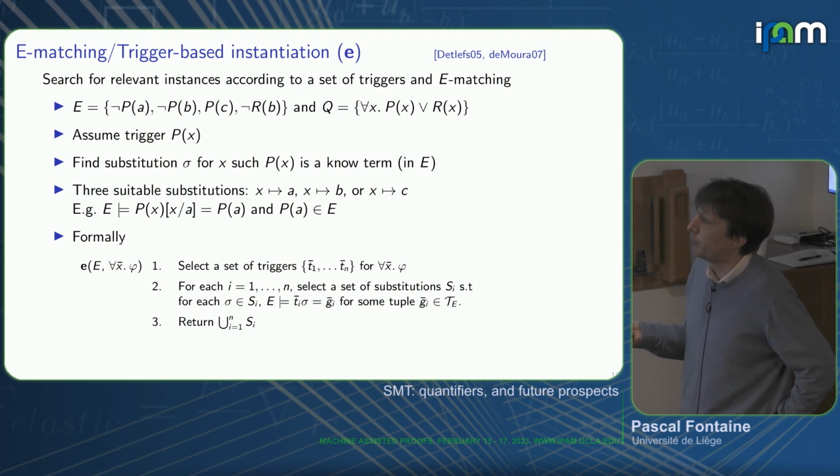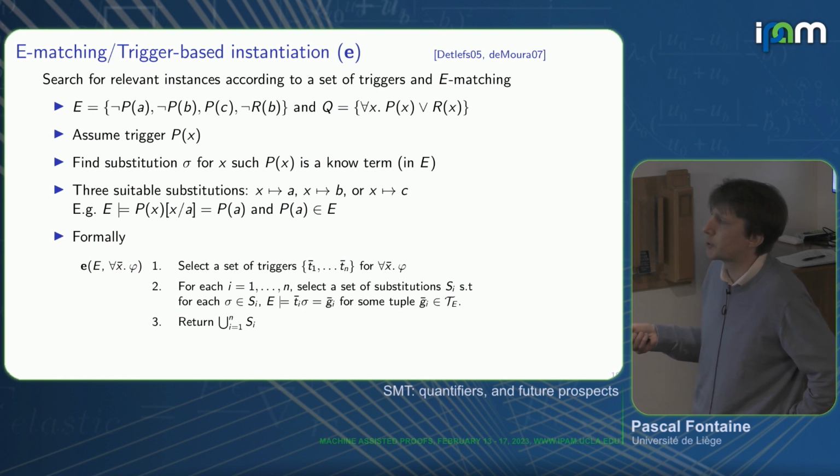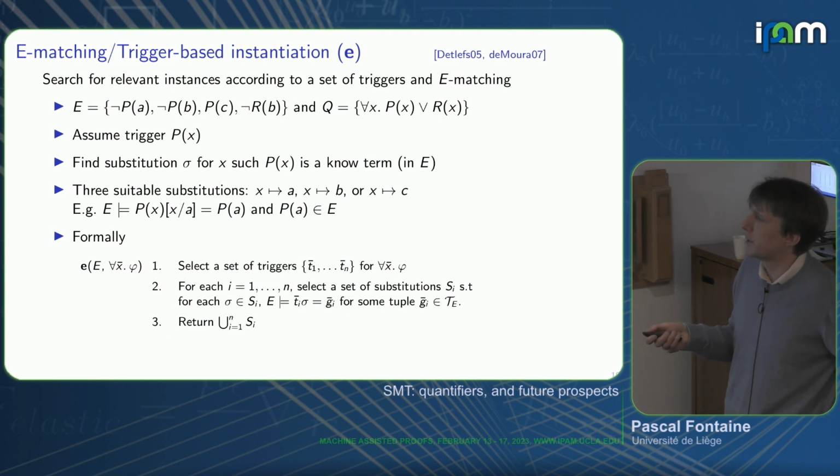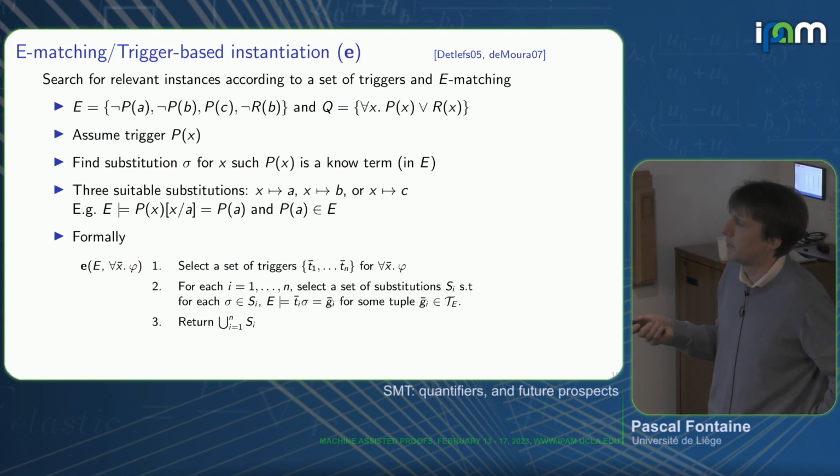So for instance, in our case, we have a P of A, we have a P of B, we have a P of C. So there are basically three ways to instantiate this X with terms that are available in E using trigger-based instantiation.